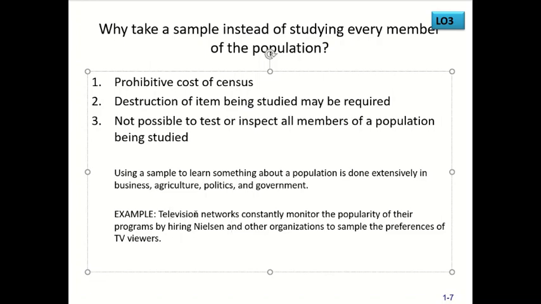Another example is that television networks constantly monitor the popularity of their programs, and this is often done by hiring marketing research agencies like Nielsen or others, and they sample the preferences of TV viewers. Instead of each and every viewer, they go randomly to some of the viewers and collect responses from them. Based on that, the popularity of a TV channel or a program is assessed.